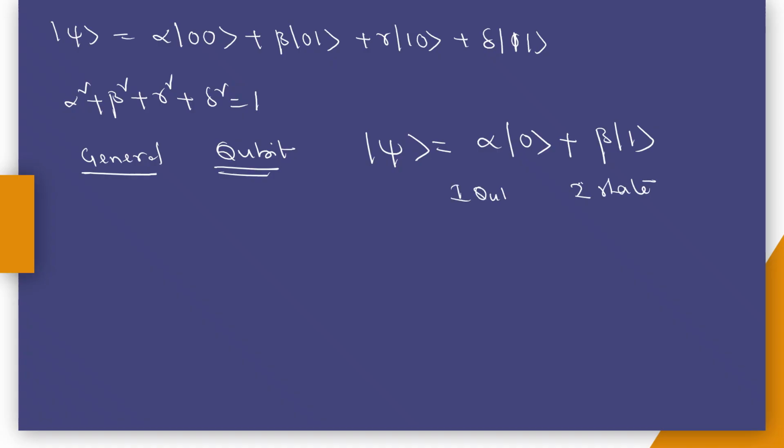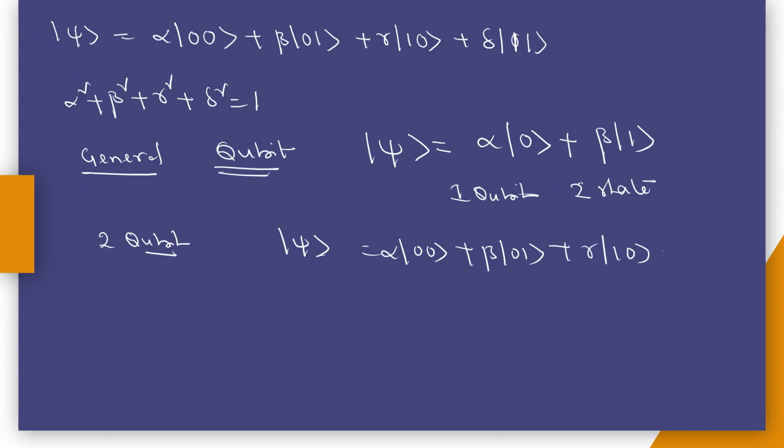If it is 2 qubits, then the combination is psi: alpha 00, beta 01, gamma 10, delta 11 states. This is the representation of the qubit in case of a 1 qubit system or a 2 qubit system.